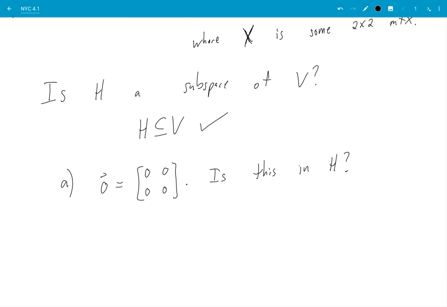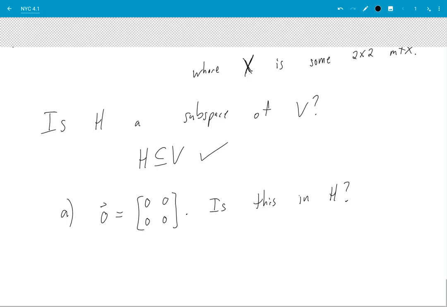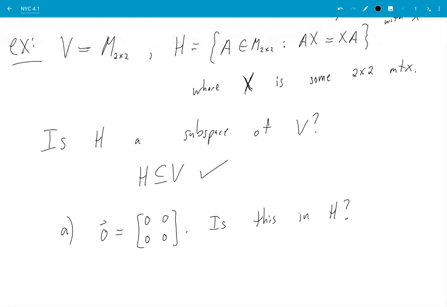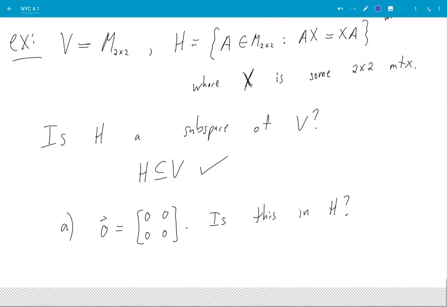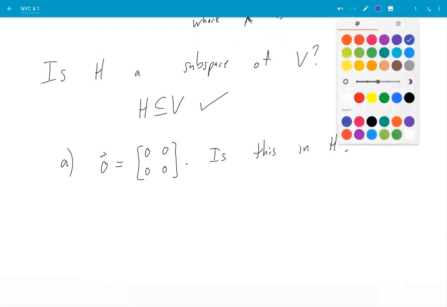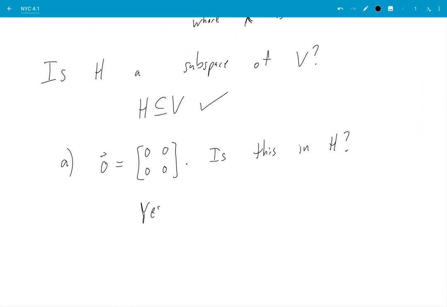Well, how do you determine if something is in H or not? Well, you have to come back to this defining equation. So we'll say yes.